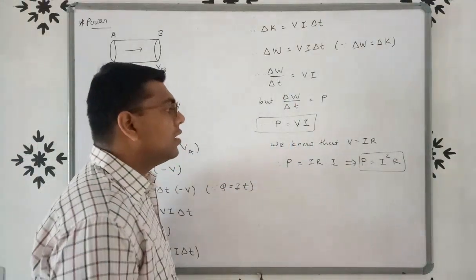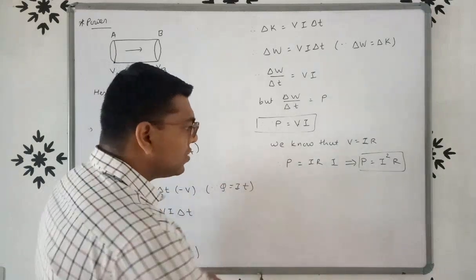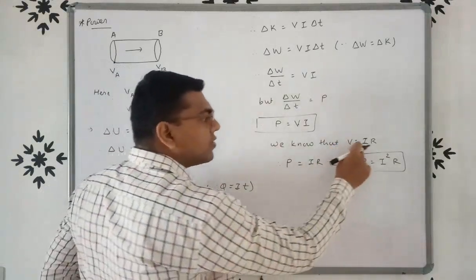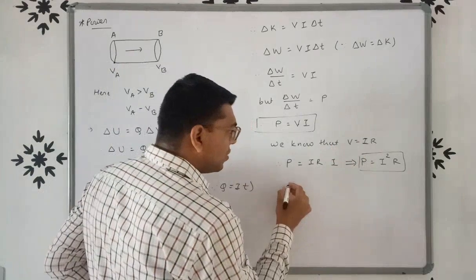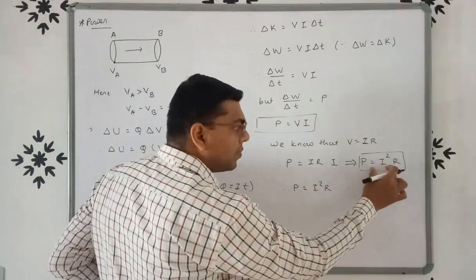Now if we want to prove another formula of power, here we know that V is equal to IR. So P is equal to VI from this formula.